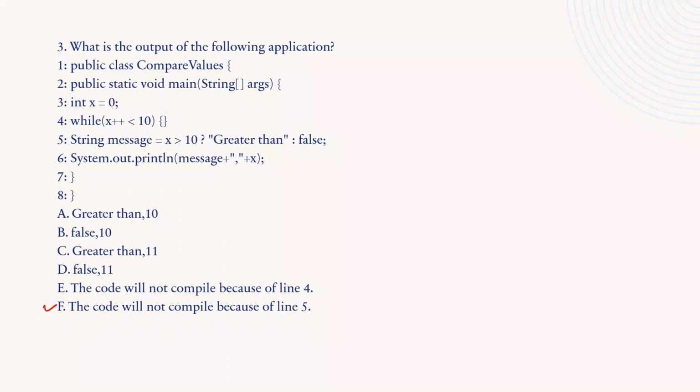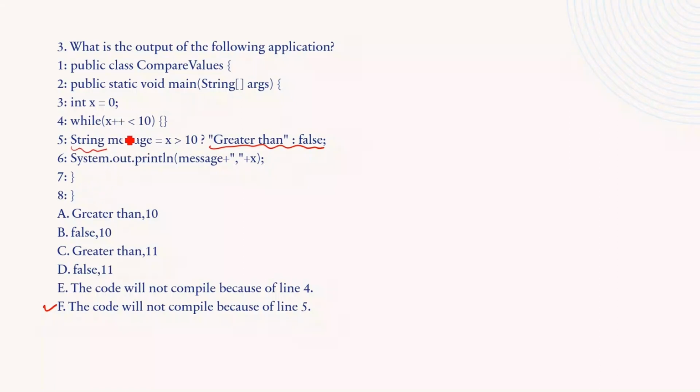The code will not compile because of line number 5. If you have followed all my lectures, you'll understand that you can use this, basically, but what is happening over here is that you are trying to store it in a variable which is a string type, right? String message.